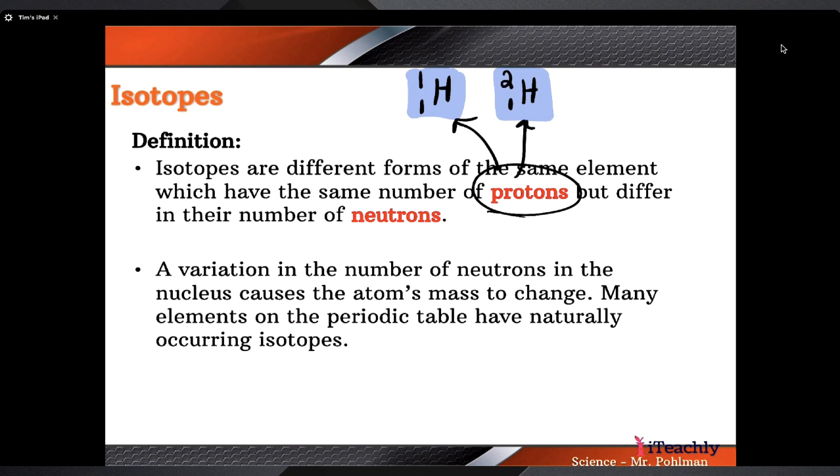Now, it just so happens that hydrogen has a third sibling. The name for this one is tritium. Tritium is an unstable isotope of hydrogen. Tritium is a triplet, an isotope of hydrogen. What makes it the same as its two siblings is that it has one proton in the nucleus of its atom.